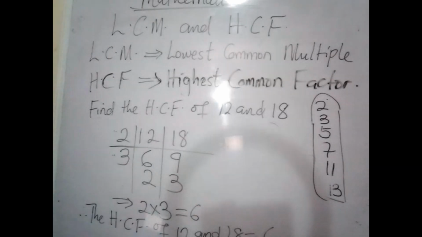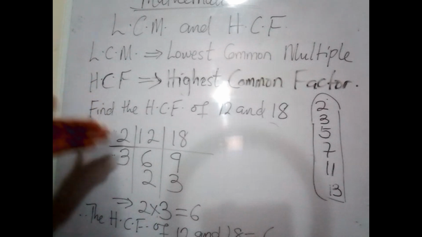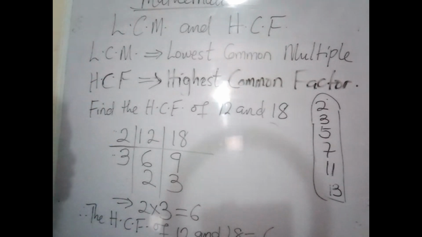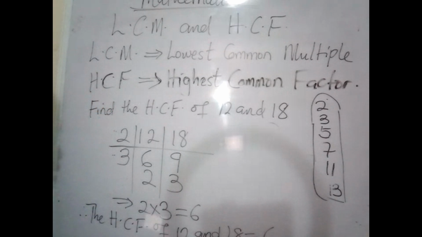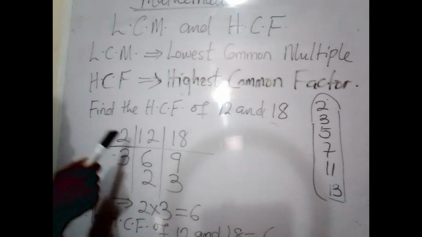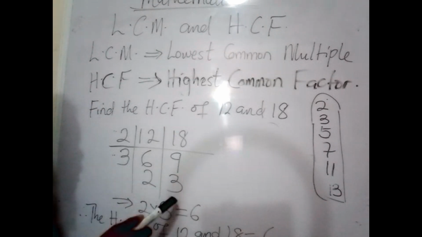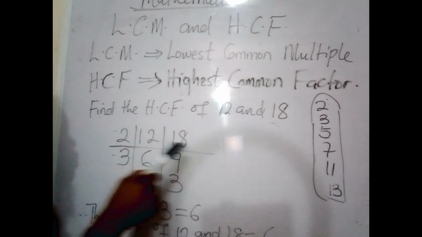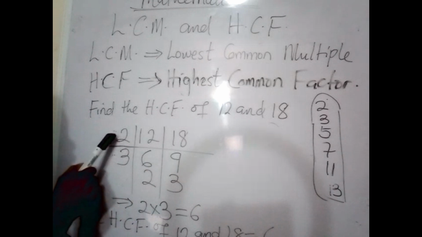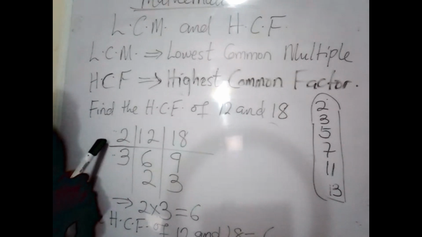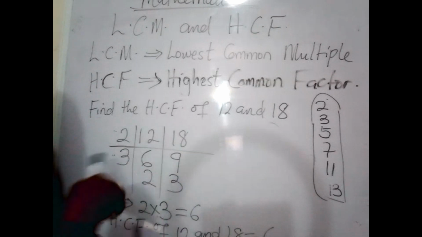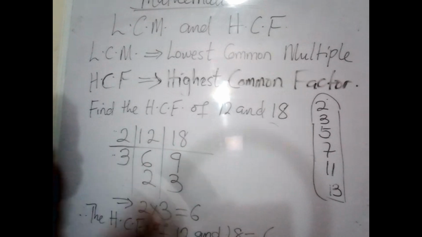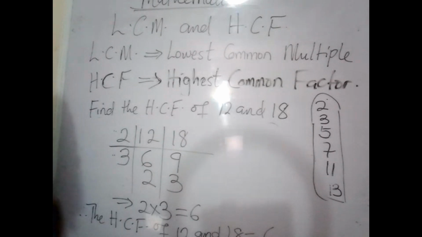Okay, so for long division, when you're using the long division method, in the case of LCM, you will keep dividing until there is nothing left to divide. And at the end of the day, you're going to multiply all the prime factors that you used in dividing to get your answer. But in the case of HCF, using long division, you only divide for as long as you have a common prime factor that can divide the numbers, because it could be more than two, sometimes three, sometimes four.